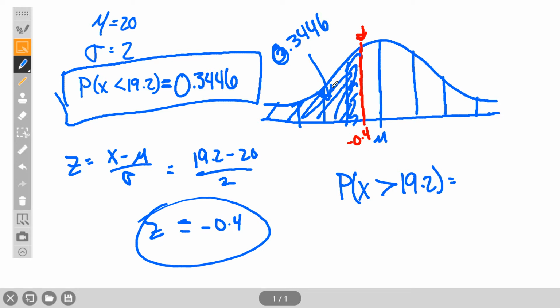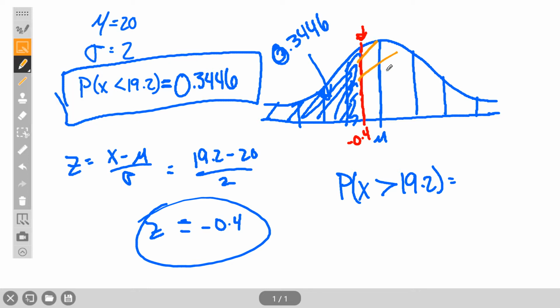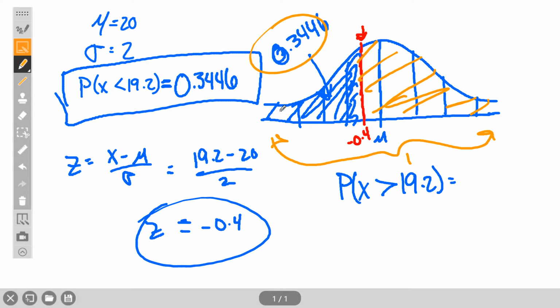Well, that's actually easy to do with this z-score, because all I need is the opposite side over here. But remember, all of the probability here is equal to 1. So if I have this probability for below, then I just need to subtract that from 1 to get the probability for above.